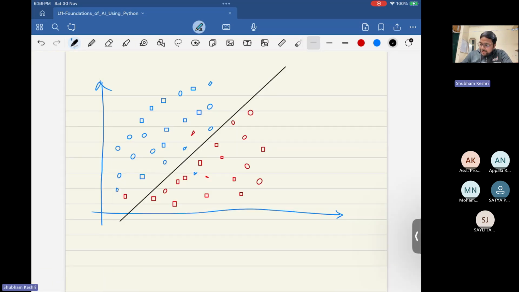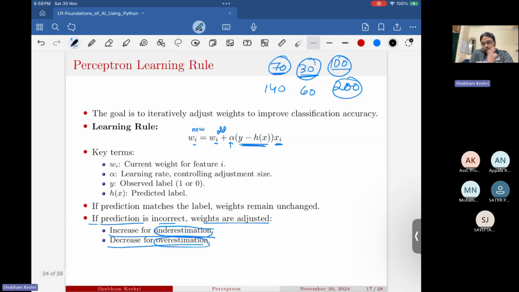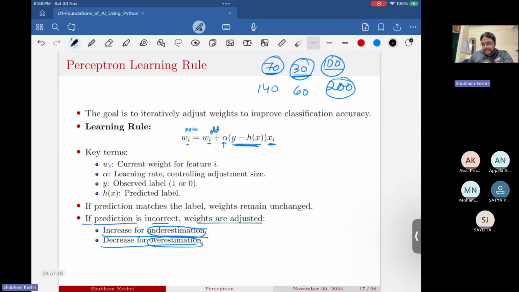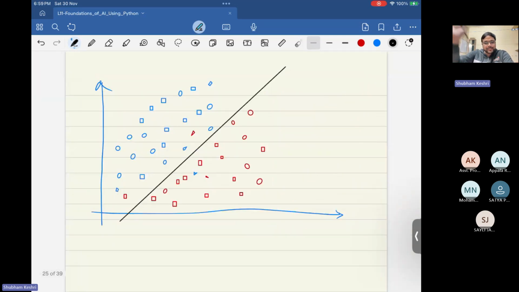So what I have done is, currently I have completed modeling, I have tested it. We have not talked about testing, but suppose we have trained the data, tested the data, and now we are trying to predict. So suppose this is our new data point. Now you tell me whether we should label it red or blue.